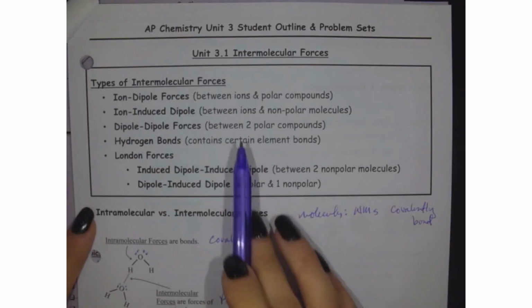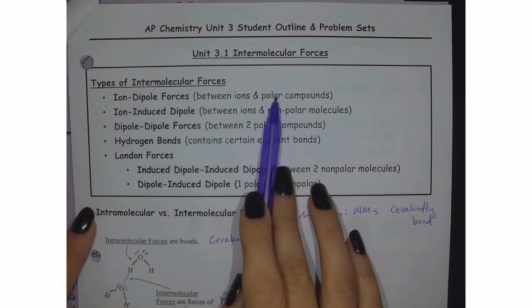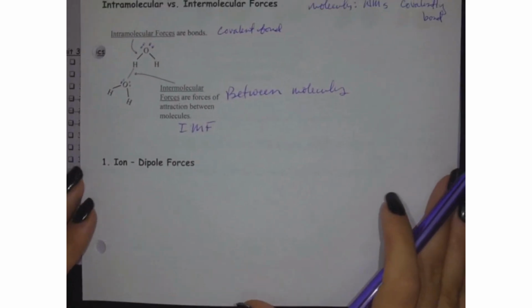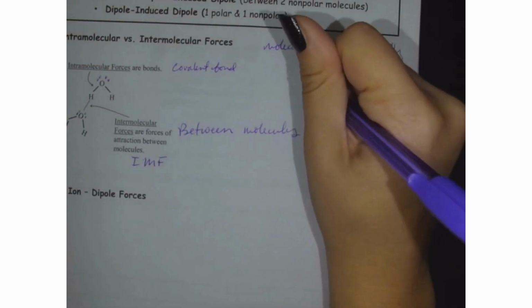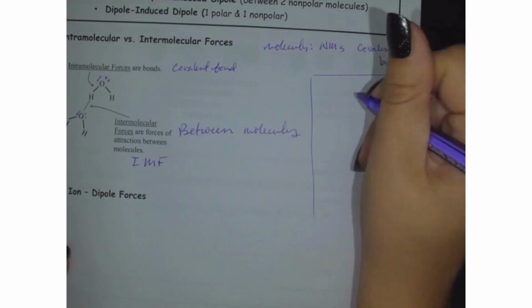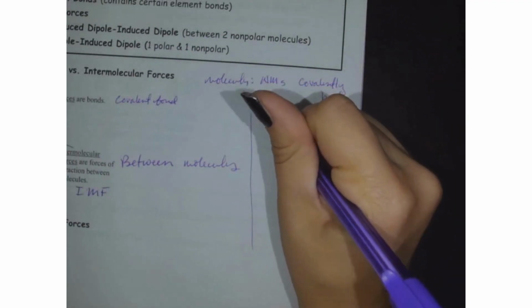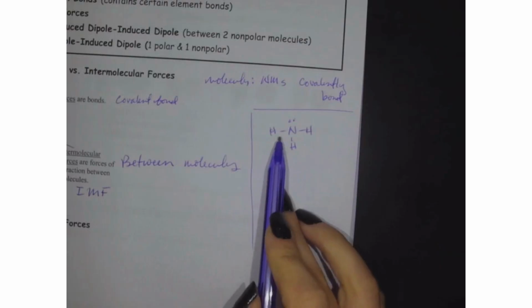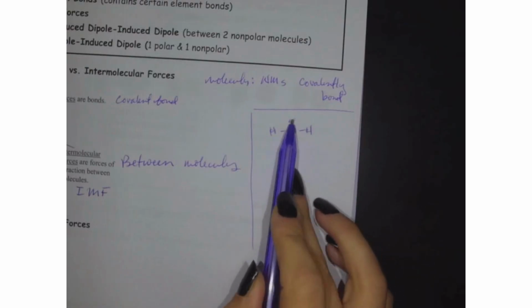You need to know when it's an ion and when a molecule is polar or non-polar. So, quick reminder about polar and non-polar molecules. If something throws off the symmetry of a molecule, this has 4 electron domains, 1, 2, 3, 4.